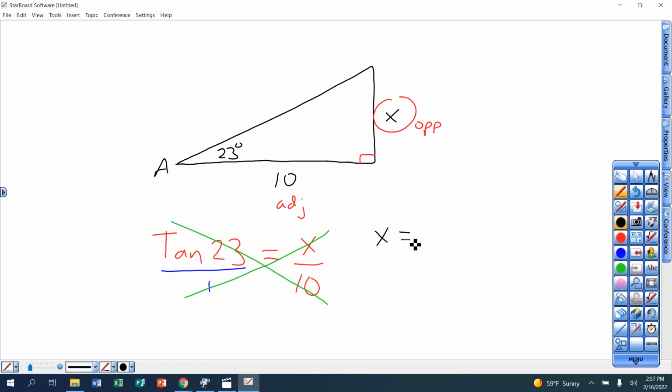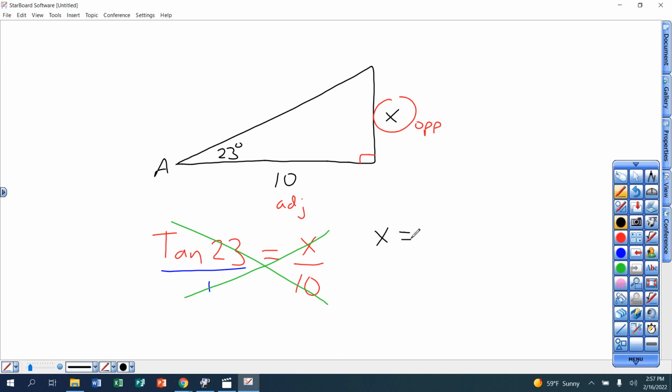And then the other way when I times it gives me just the answer for x. That's kind of weird. But it's for algebra, when you have two ratios that are equal, you crisscross multiply them to set them equal. So if I multiply this way, it gives me x. This way on my calculator, I gotta hit tangent 23, close that parenthesis, and then times it by 10.